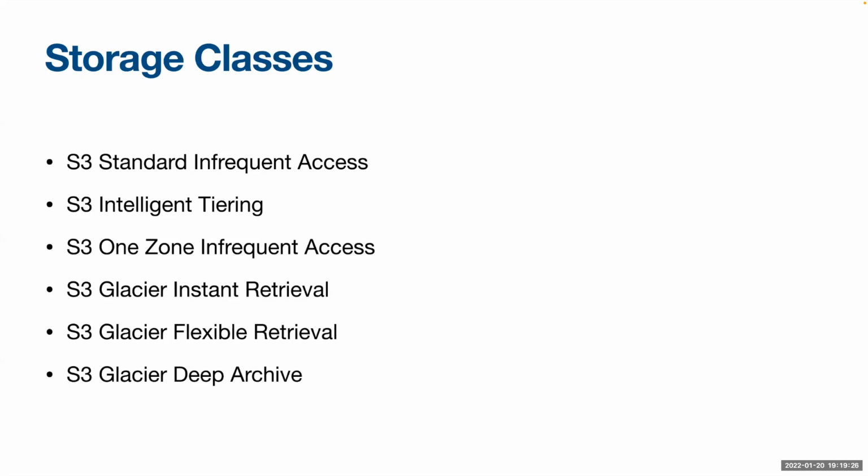One zone lowers your costs by storing your data in only one zone. So you should only use it if you have the ability to reconstruct your data if it's lost. And all the way down to S3 Glacier Deep Archive. This is for data that you access maybe once or twice a year. And you will have to wait up to 12 hours to retrieve files in Glacier Deep Archive.